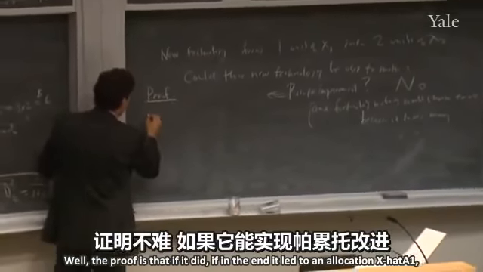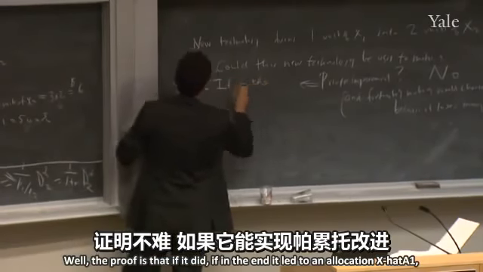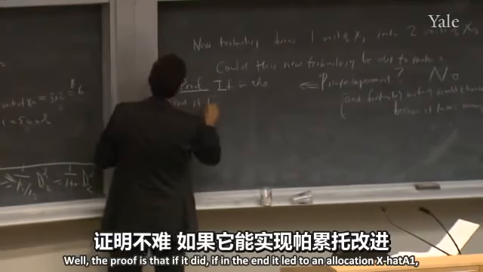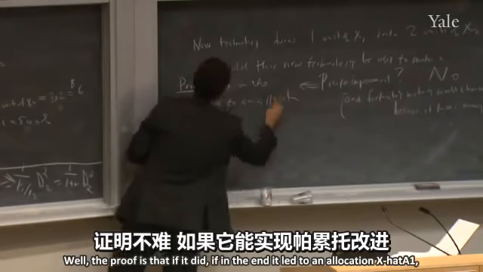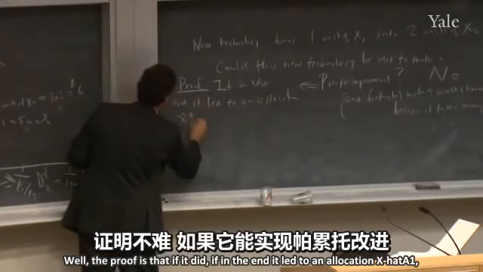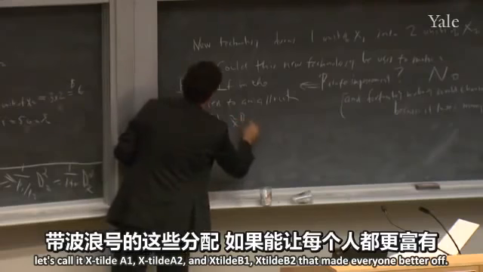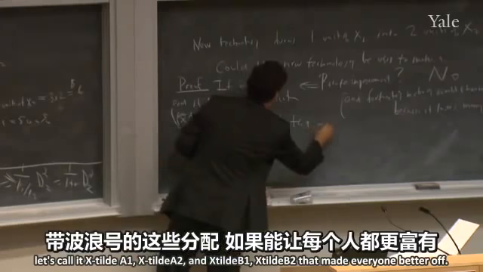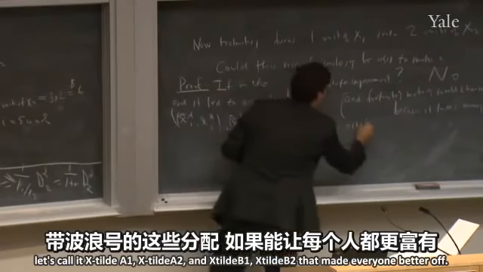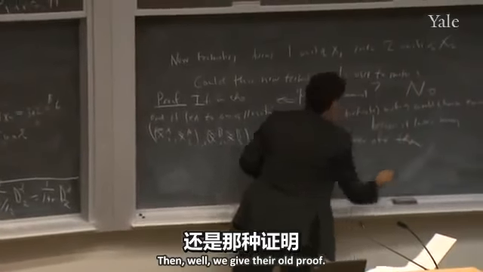Well, the proof is that if it led to an allocation, let's call it x twiddle A1, x twiddle A2, and x twiddle B1, x twiddle B2, that made everyone better off, okay, then we give their old proof.